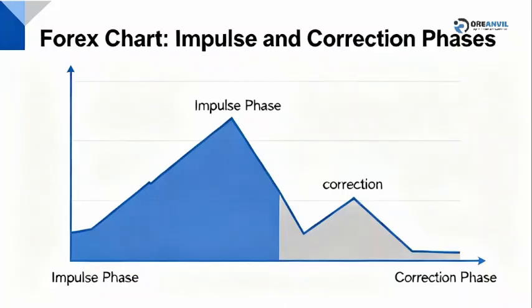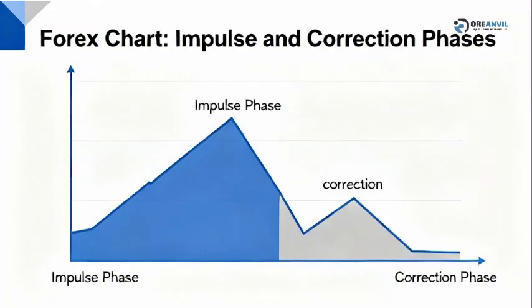And if you look at the market properly, the market doesn't move in a straight line. It does what we call impulse and correction. So this slide you can see here is showing us that the market moves in waves.